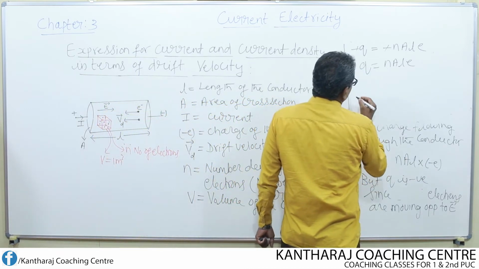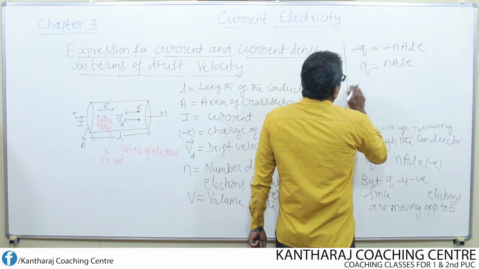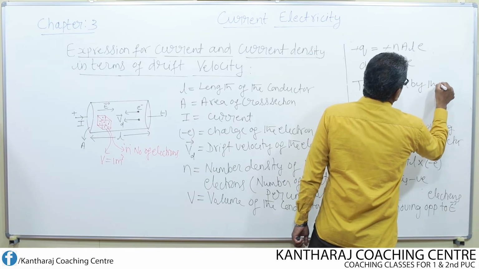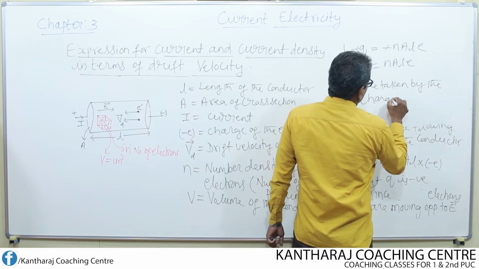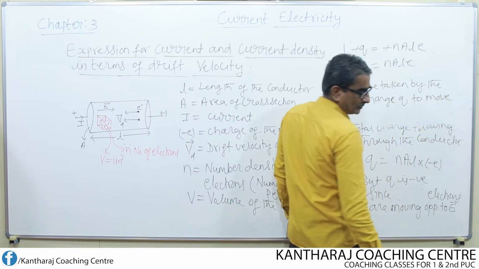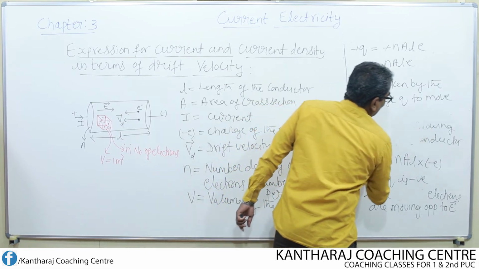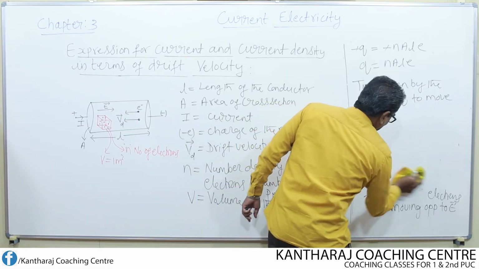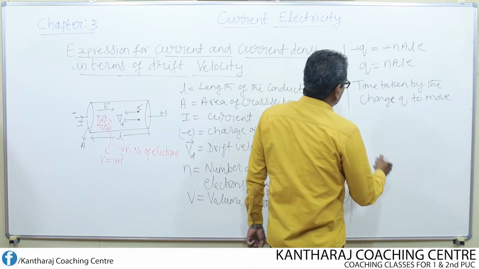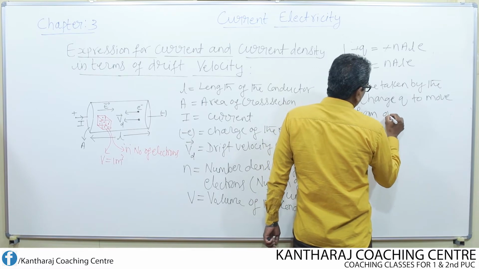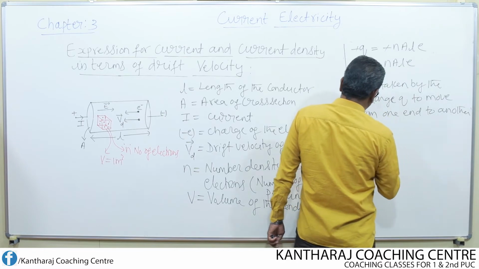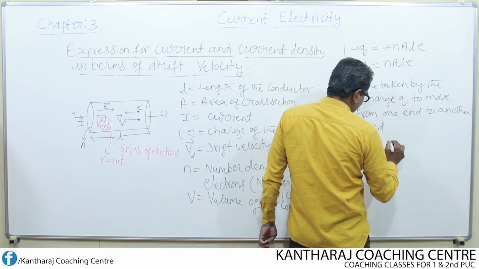So I write like this: the time taken by the charge Q to move from one end of the conductor to another end of the conductor is given by delta t.